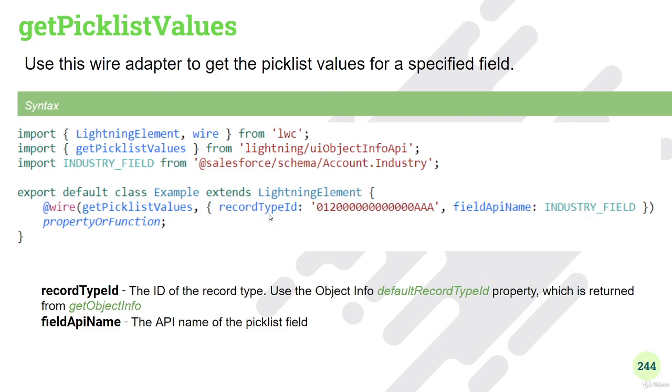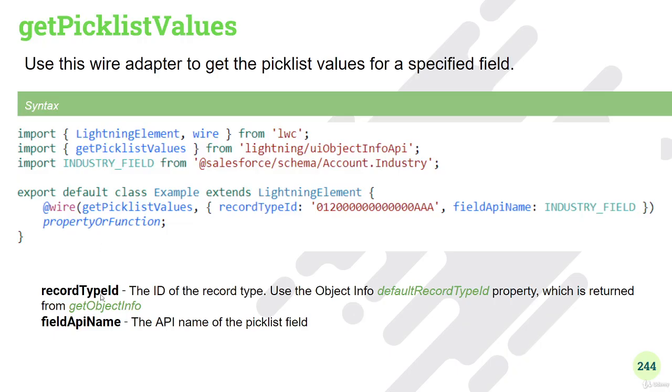Don't get confused between the record ID and the record type ID. Then we have to pass the field API name for which field you want the picklist values. In this syntax example, I want the picklist of the Industry field, which we can get from Account.Industry. So we'll pass that reference as our field API name and we'll get our picklist values.